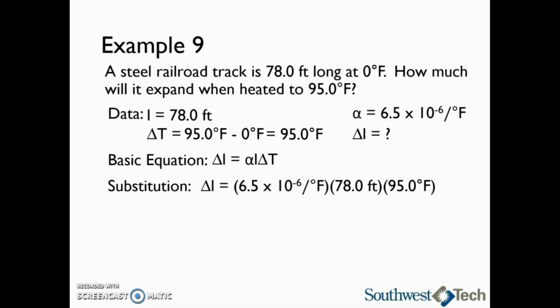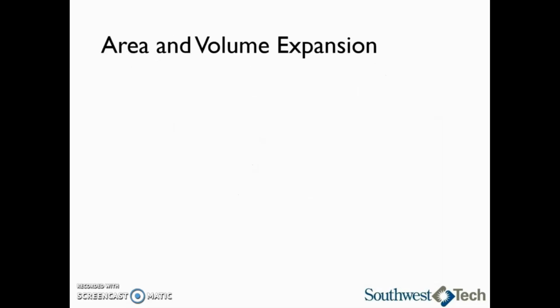Delta L equals 6.5 times 10 to the minus 6 per degree Fahrenheit times 78.0 feet times 95.0 degrees Fahrenheit. This gives us a change in length of 0.0048 feet, or, since it is hard to picture how long that is, about 0.58 inches.